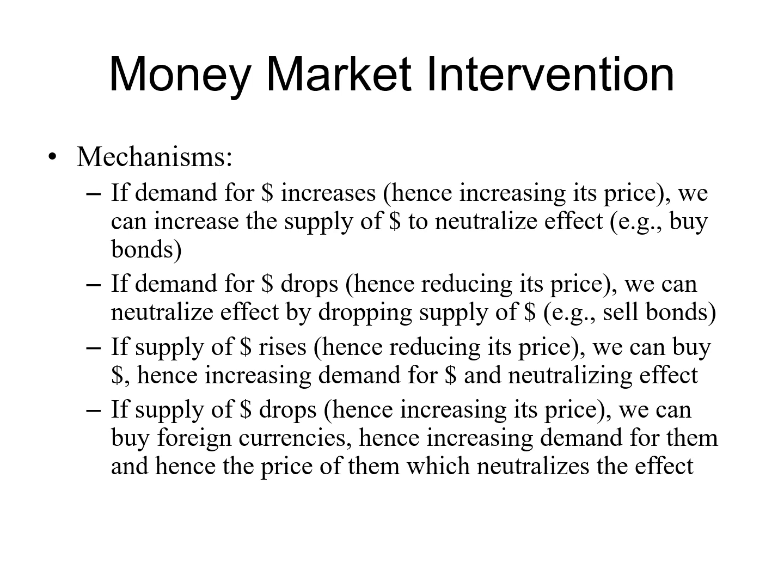You can neutralize this by buying foreign currencies, because if the supply of the dollar drops, that means the dollar's going up in value relative to other currencies. To neutralize that, buy other currencies. That'll increase the demand for them and prop up their value.